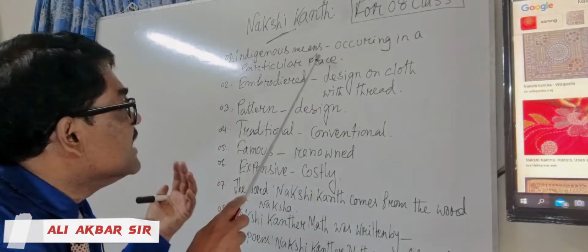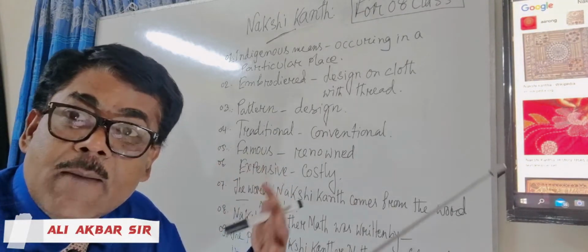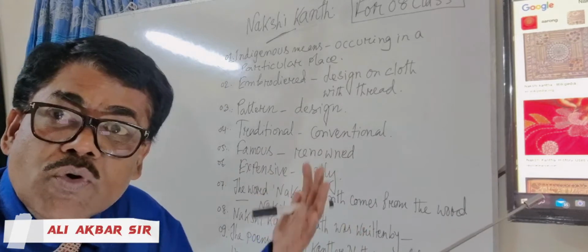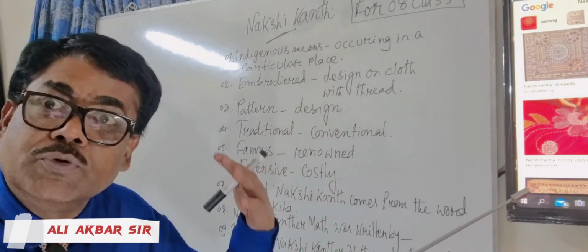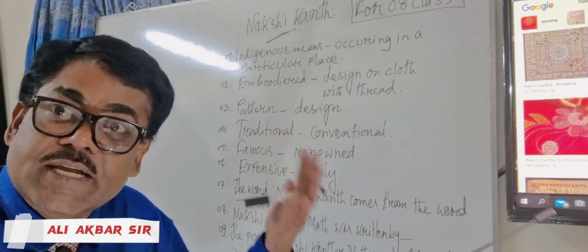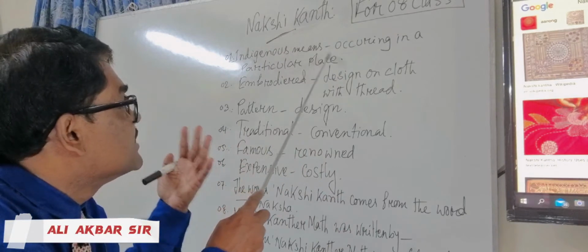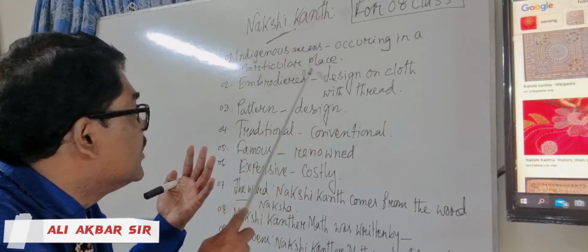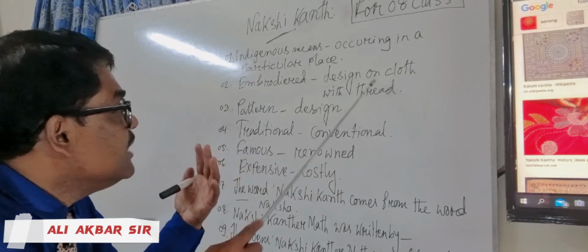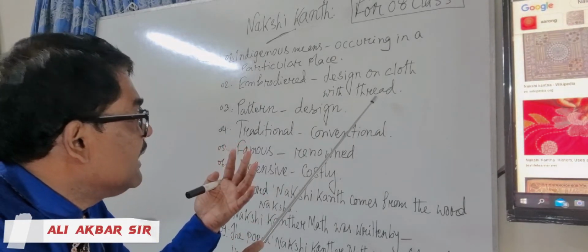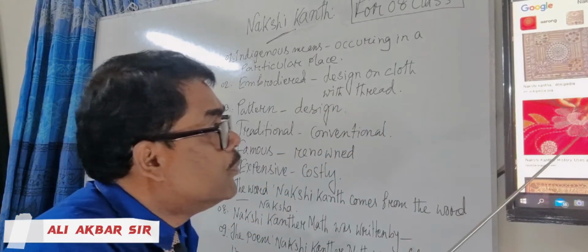Okay, indigenous means occurring in a particular place. যেটা মূল উৎস, কোনো কিছু ঘটনা বা কোনো কিছু জন্মানোর অথবা কোনো কিছু সৃষ্টির যে আদি স্থান, this is called indigenous. Next, embroidered, designed on cloth with thread. অর্থাৎ কাপড়ের উপর কোনো কিছু বুনন করা.